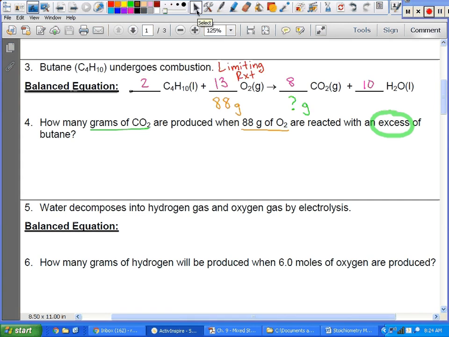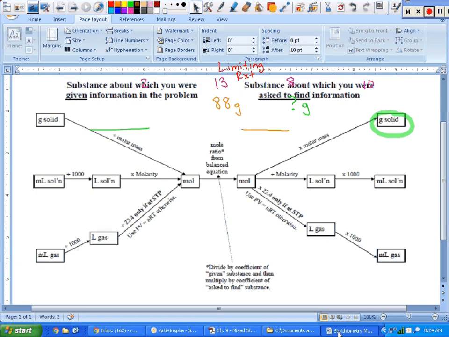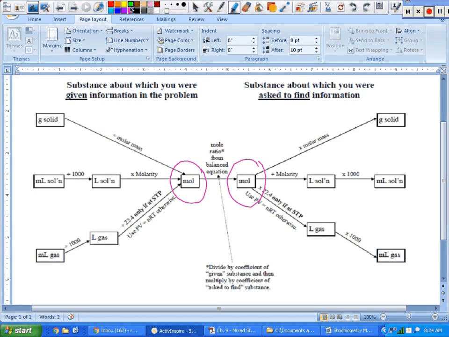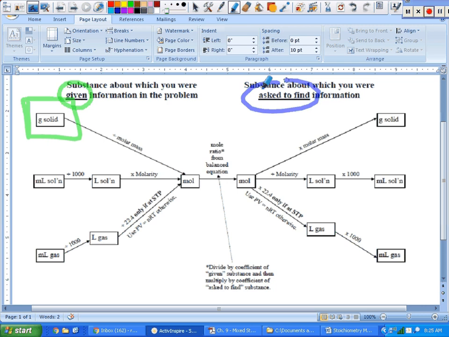Good, fantastic. So, what unit was I given in this problem? Grams. What was I asked to find? I was asked to find grams. All right. So the first thing I have to do is to get to moles, right? That's the first step.